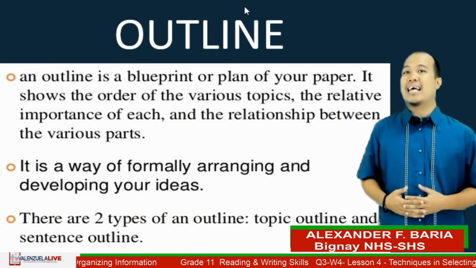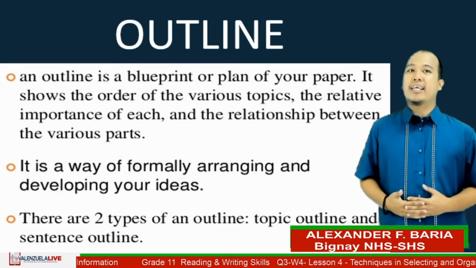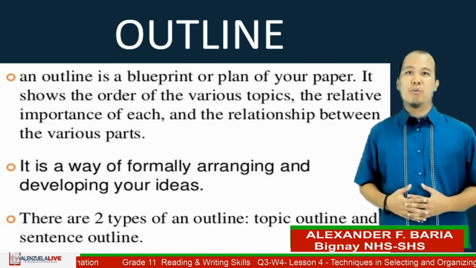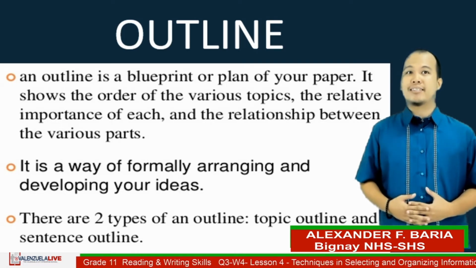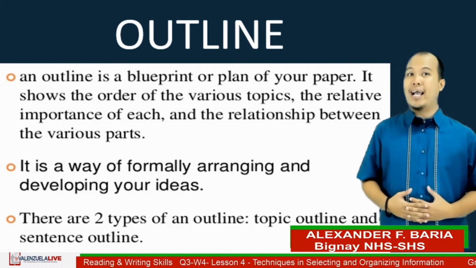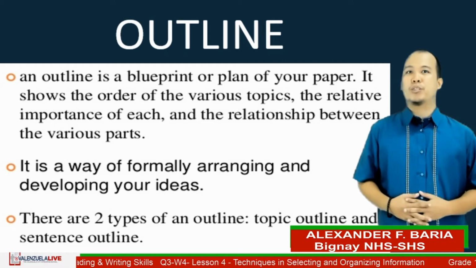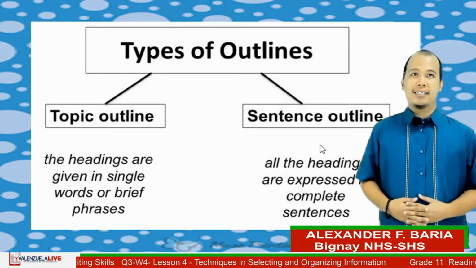Outlines serve as a blueprint, a plan of your paper. It shows the order of topics with relative importance and various relationships of each part. It is a way of formally arranging and developing your ideas with its two types. We have the topic outline and the sentence outline.